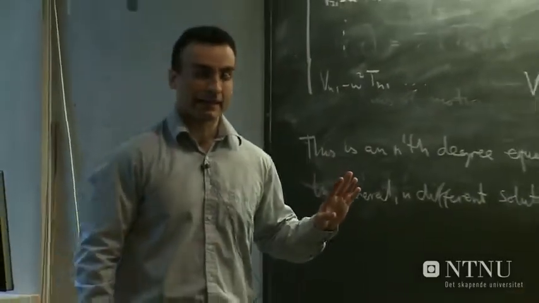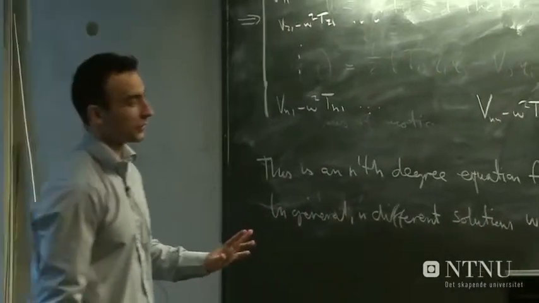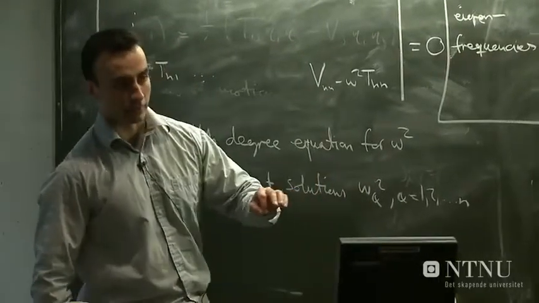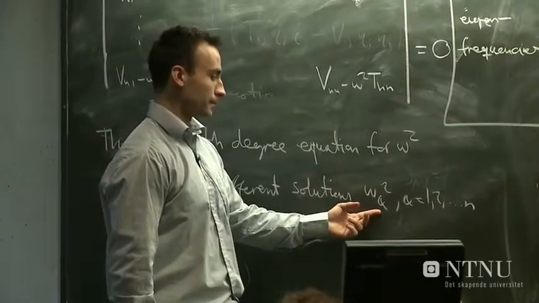So in general, when we solve this equation, we're going to find n different solutions for omega squared. We characterize each of these different solutions with an index alpha.